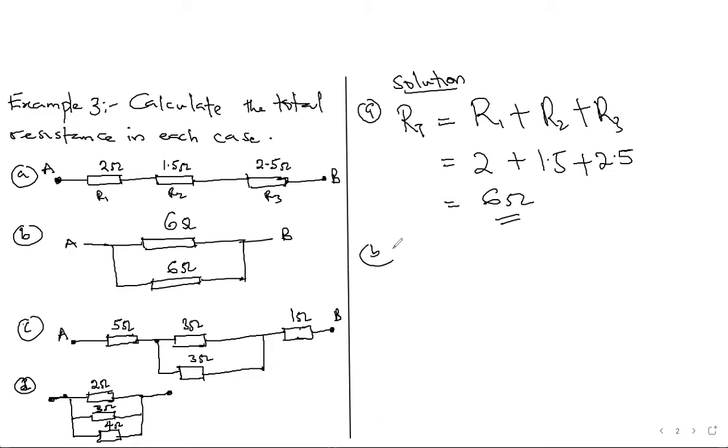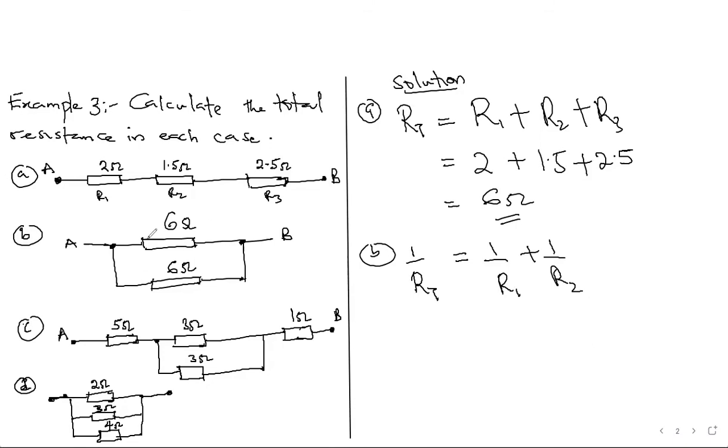Then the second question, you have a parallel connection between these two ends, because you can identify a junction here. So it means that these two resistors are connected in parallel. If you remember the formula for resistance in parallel, 1 over RT will be 1 over R1 plus 1 over R2.